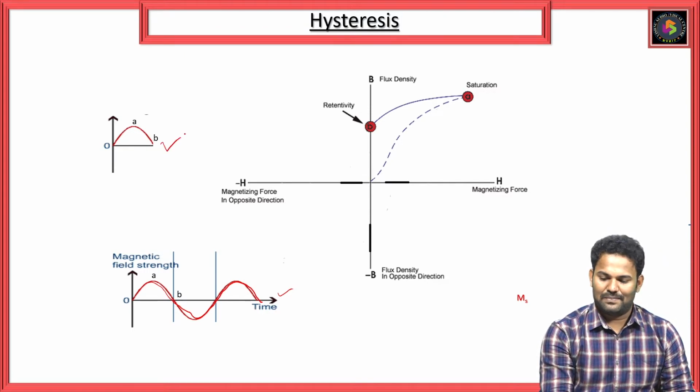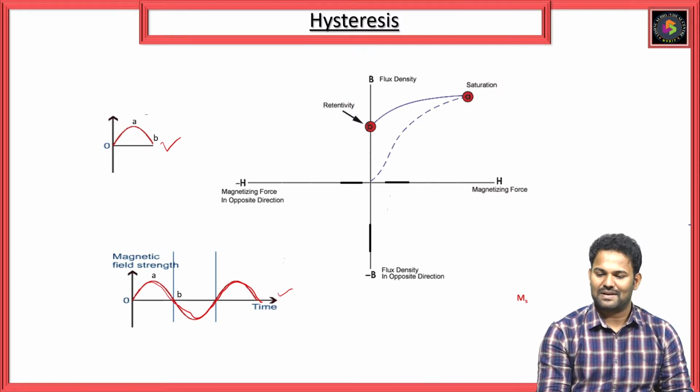Now when we apply a magnetic field to the magnetic material, initially the magnetization value increases and reaches the saturation value. Once it reaches the saturation value, it does not show more than that, because that is the maximum value. That is known as saturation magnetization.